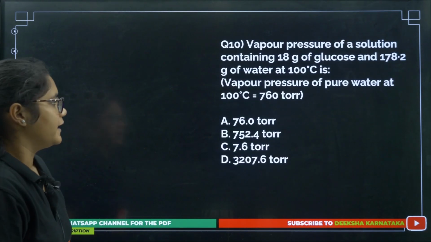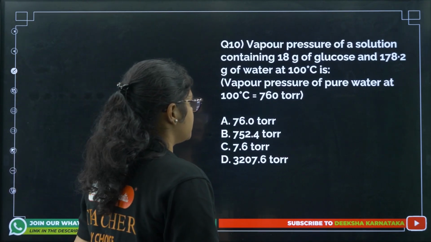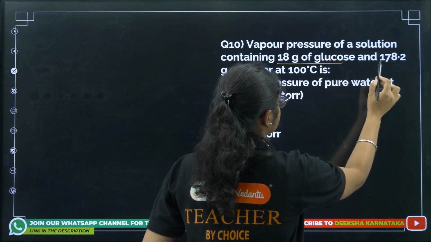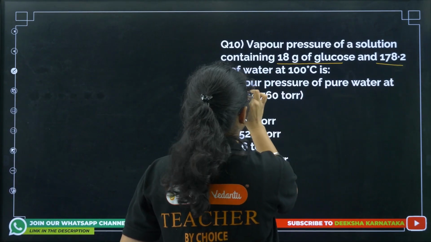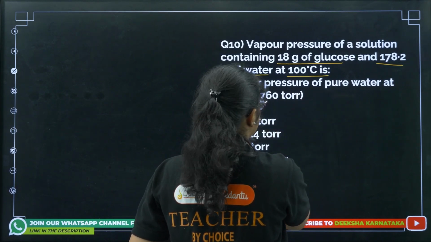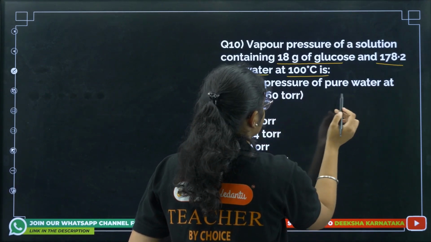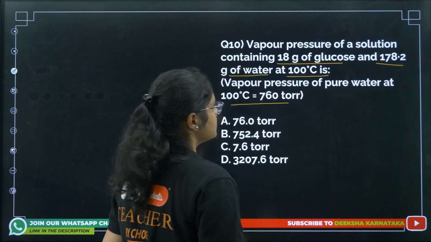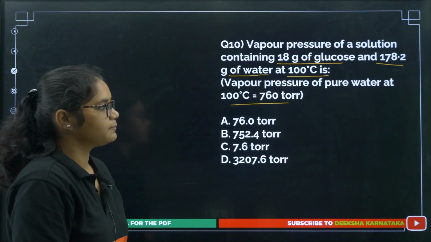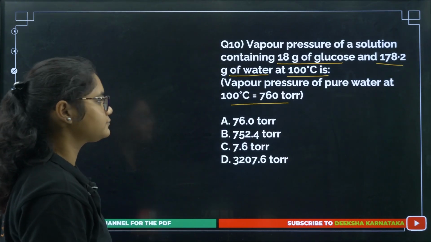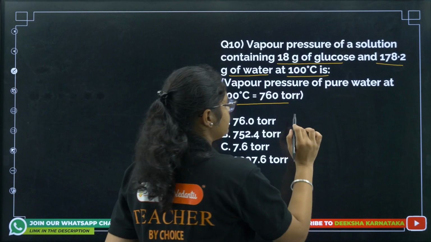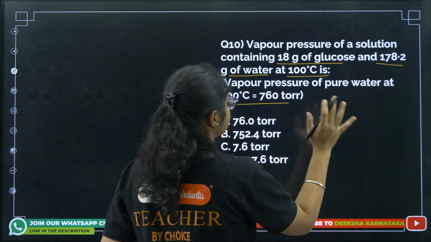Okay. Next, vapor pressure of a solution containing 18 gram of glucose and 178.2 gram of water at 100 degrees Celsius is? The vapor pressure of pure water is given to you. So this is again the relative lowering of vapor pressure formula, right? See, this question, I'll be telling you first how to solve with the formula.